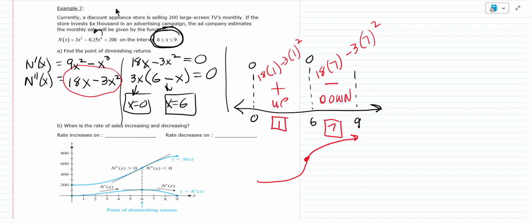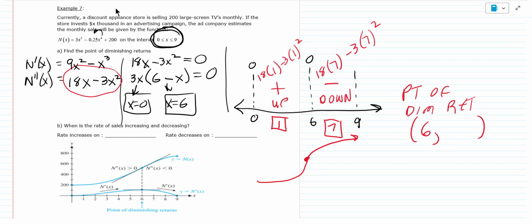So what we would say in this problem is the point of diminishing returns would happen at 6, comma, whatever that y value is. We could get that y value by graphing on a calculator. Again, what this is saying, and let me stand up and show my tangent line right here, is that the slope of the tangent line is getting bigger.